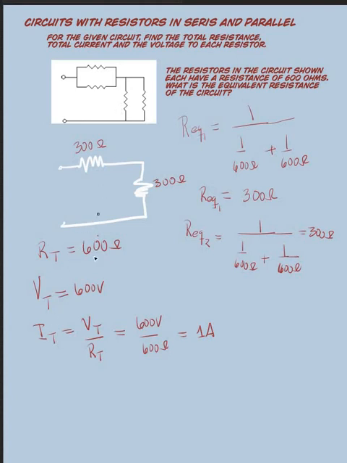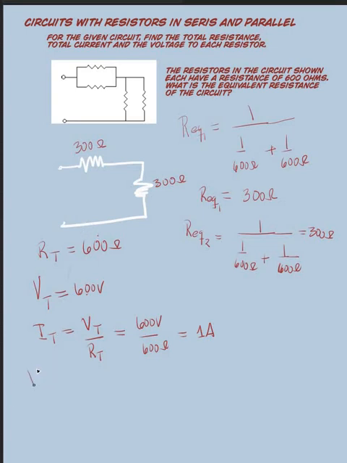How do we do it by calculating here? First, we need to know that when we have these two resistors in series, the voltage that goes through this one and this one is not 600, but it will be according to Ohm's law.